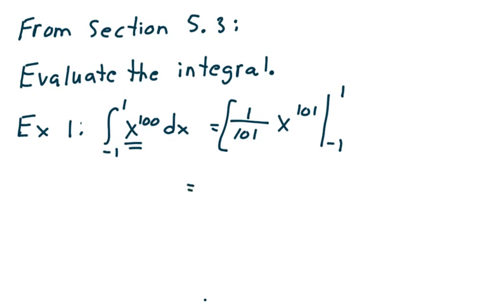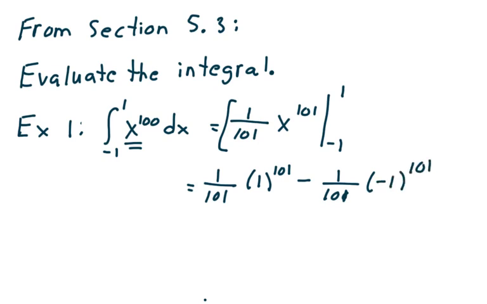And so what I'm going to do is pop in that upper limit of 1, and pop in that lower limit of negative 1. But 1 to the 101 is 1. And so we get 1 over 101 minus 1 over 101 times, and negative 1 to an odd power is negative 1.